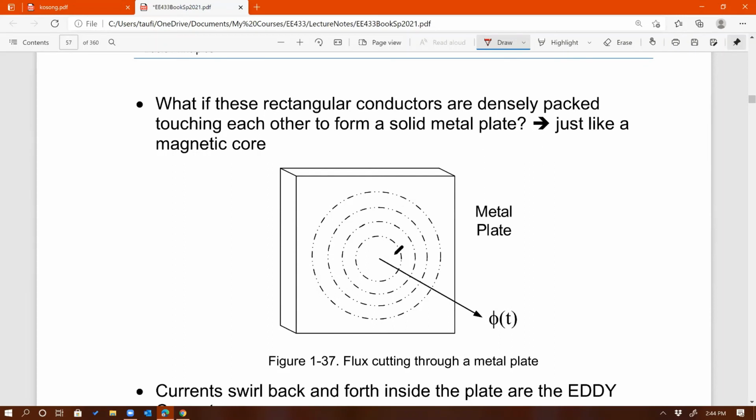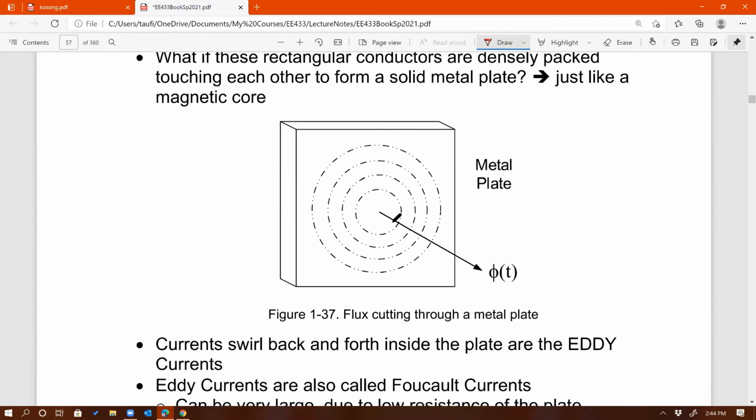So then what's going to happen? Then you have an infinite number of currents circulating around this solid metal plate, and that's dangerous. That's why eddy current loss is such a dangerous loss, even at 60 hertz. If you're not careful, that's going to heat up the core, okay?